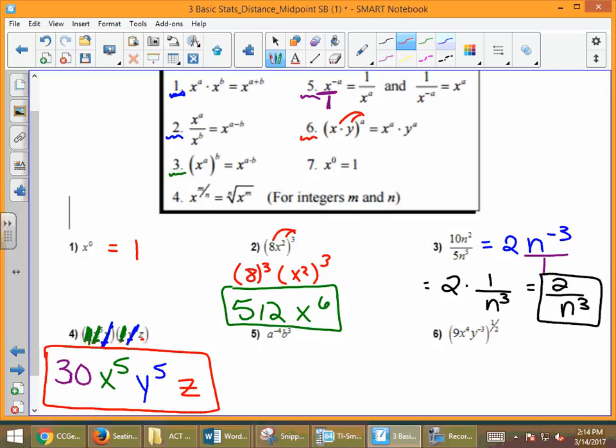For 5, are these like bases, A and B? No. So can they be multiplied together? No. So we don't think, oh, I'm just going to add the exponents. They're not the same base, so you can't do that. But what do you notice about the exponent with the A? Negative. What happens to negative exponents? We don't want them. They flip.